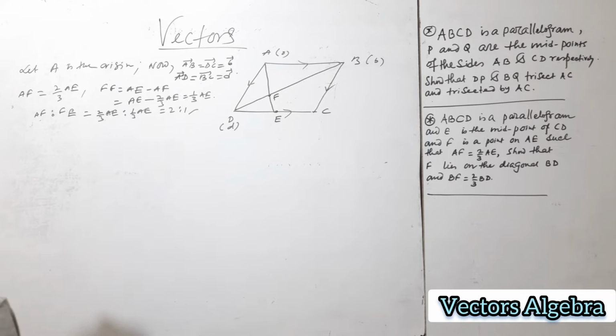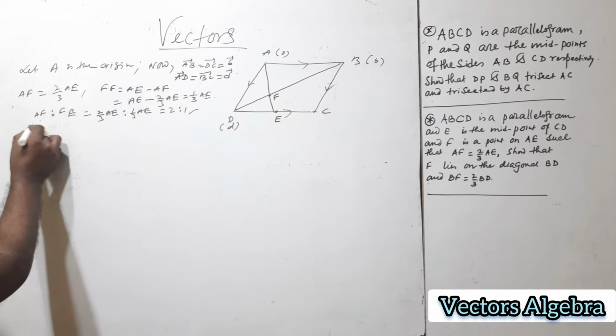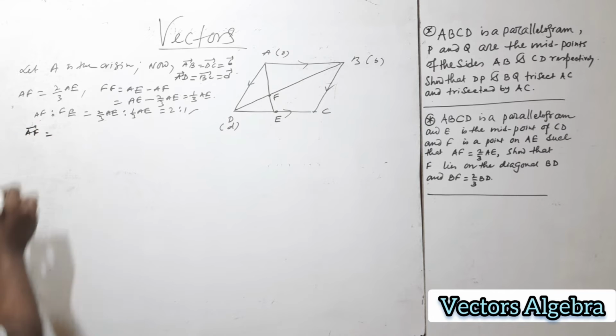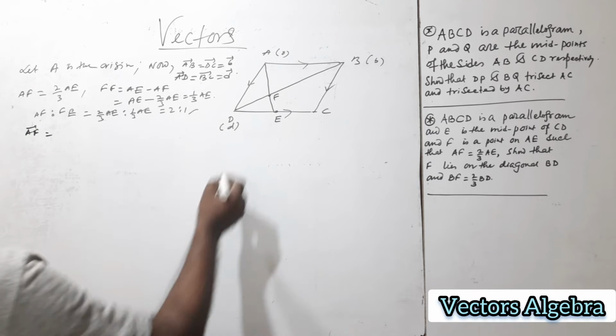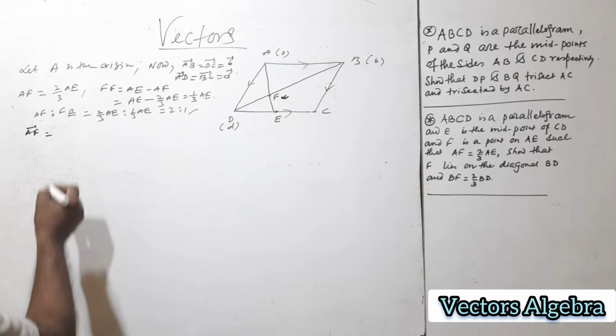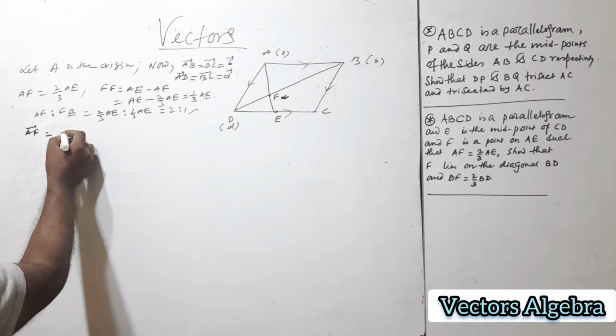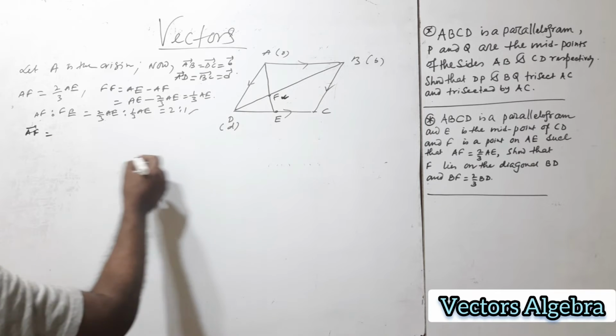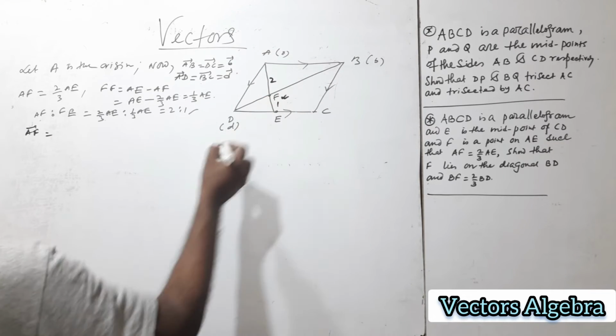Therefore, the position vector of AF. So this is the position vector of AF. So this is divided in 2 is to 1 ratio.